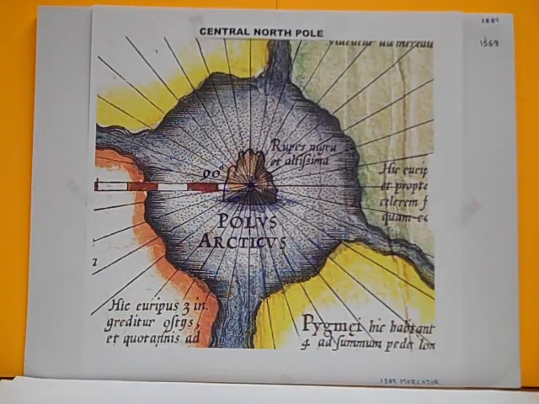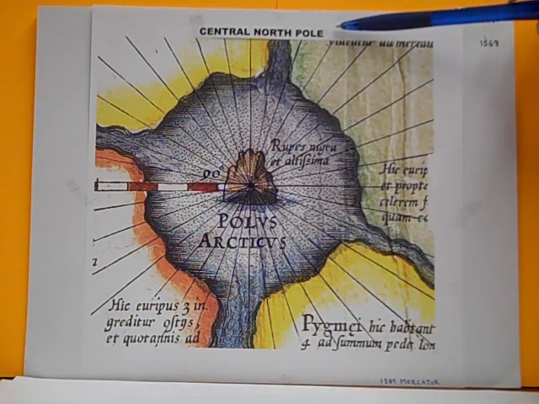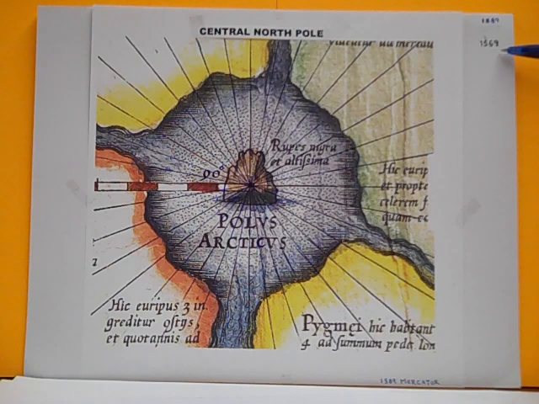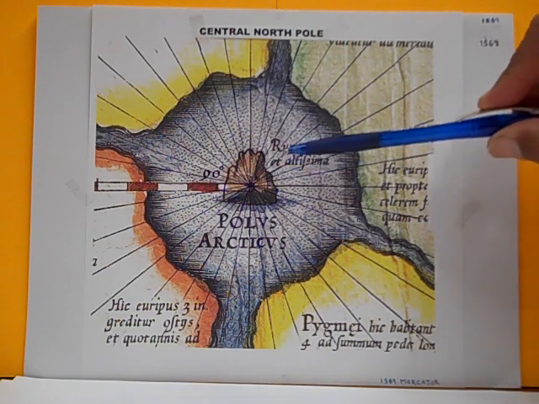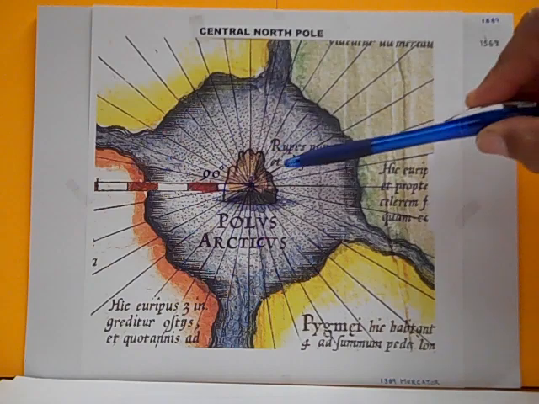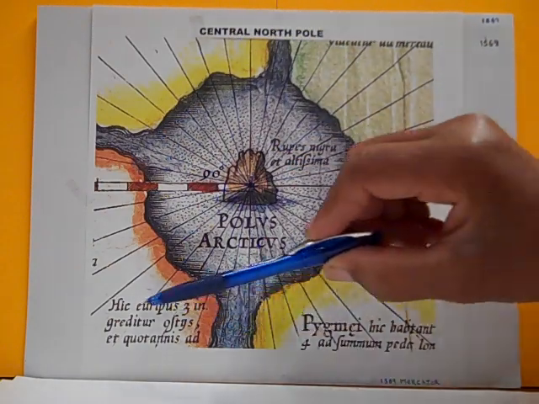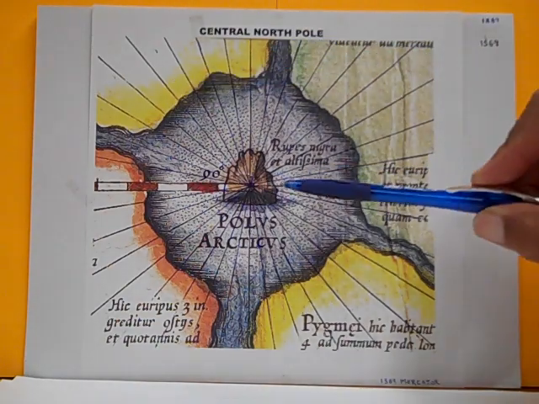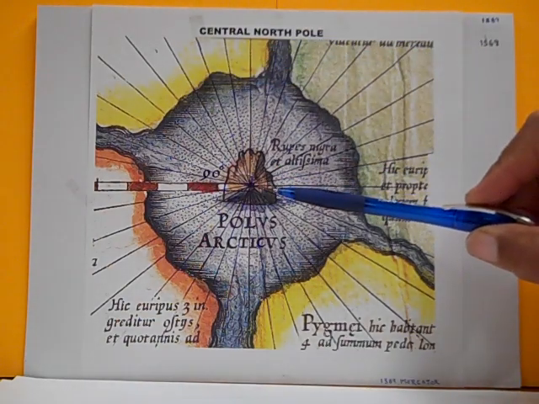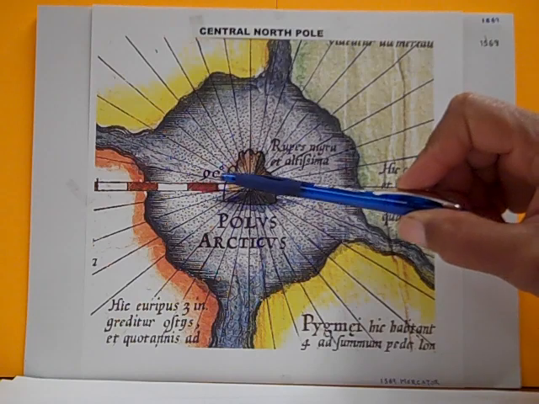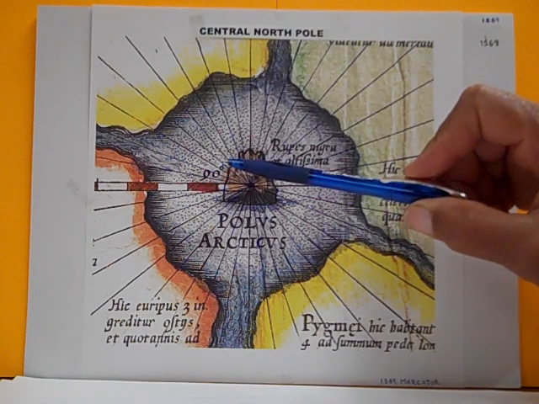This is a greater detailed central North Pole map from 1569, a Mercator map, showing a very large mountain at the center of the four small continents. There's a gigantic mountain. From the way it looks, this one here is at 90 degrees north.